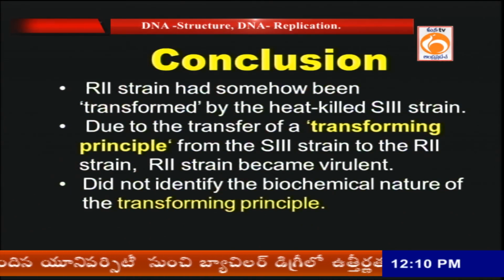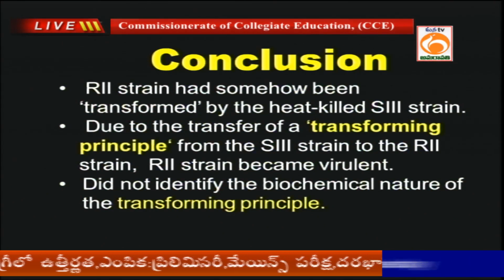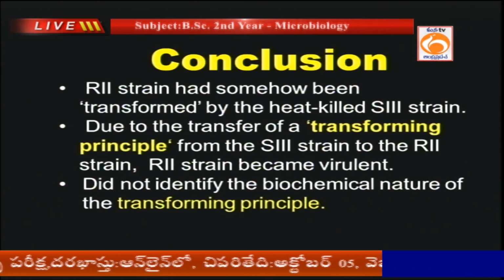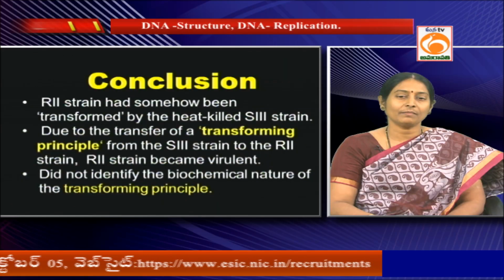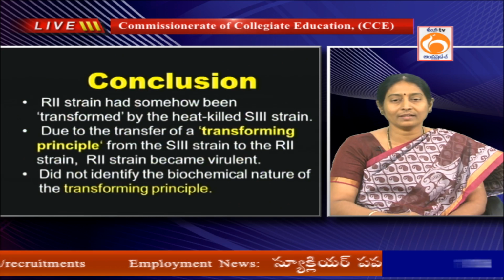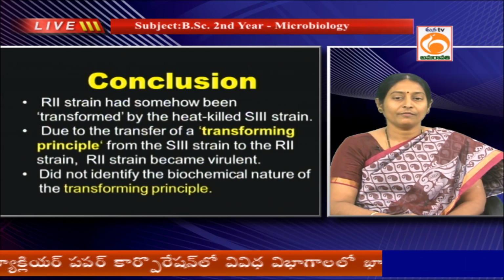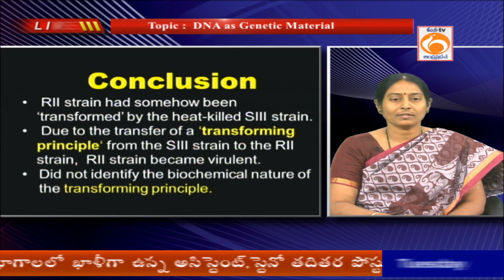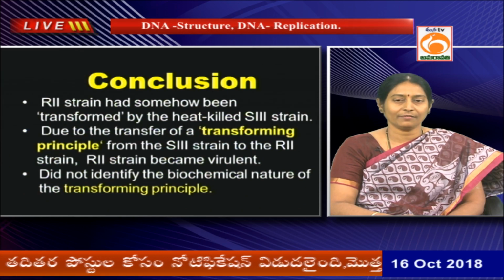This was called bacterial transformation by Griffith. That means one bacterium was changed into another bacterium. So here a non-virulent bacterium was transformed into a virulent one, and the substance that was transferred from the virulent bacterium into the non-virulent bacterium was known as the transforming principle by Griffith.